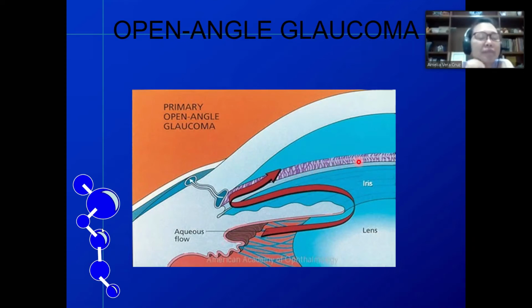Sometimes, okay, especially in your carotid-cavernous fistula, in your mga aneurysms, the venous pressure is high. So the drainage to the venous system will be decreased kasi may resistance to outflow. Ha? So, yan, pwede yan mag-open angle glaucoma.